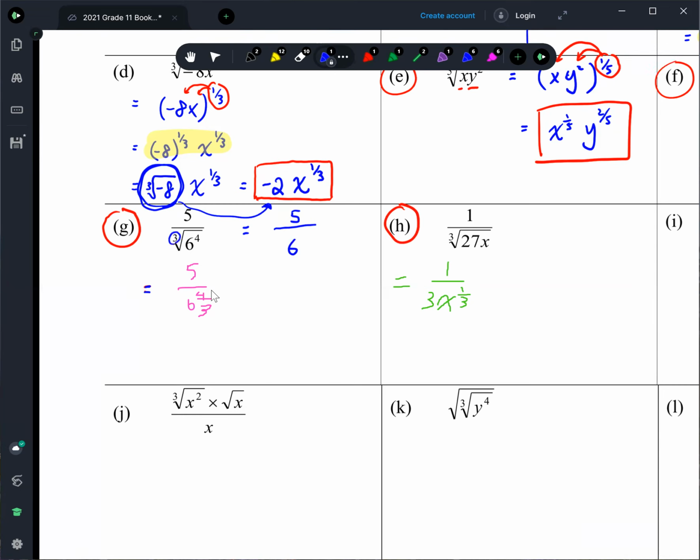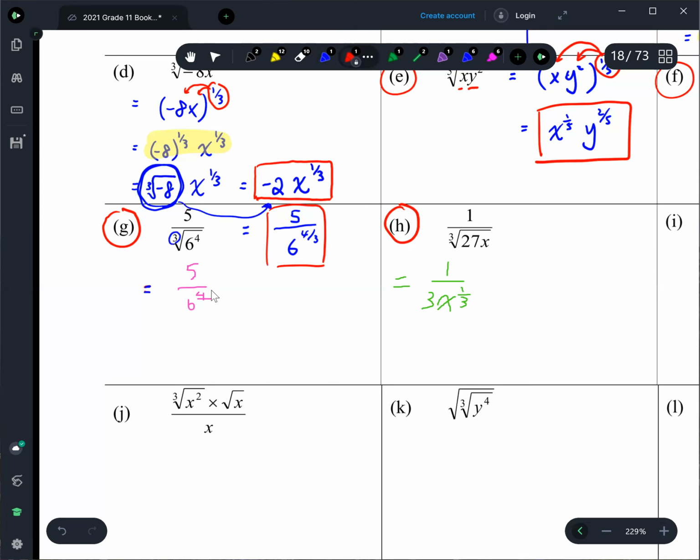I know it's difficult to write on the screen, but when you're writing on your paper, 4/3, make sure you write it smaller so it shows up as an exponent. So this one should be pretty straightforward. You leave it like that. Very good, so 6⁴. Okay, thank you, Kat.